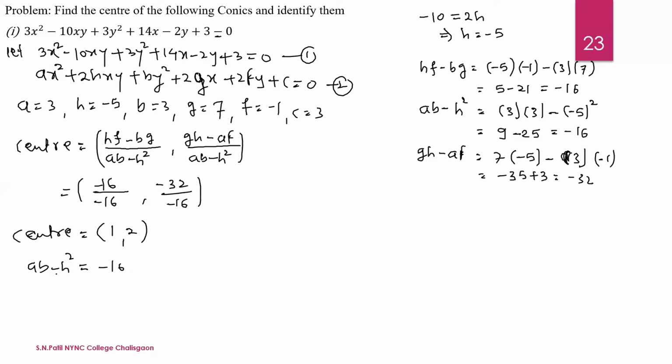Okay. Now, but the actual formula is h square minus ab. Okay. So here multiplied throughout by minus sign, then we get plus 16, which is strictly greater than 0. It represents what? Hyperbola.